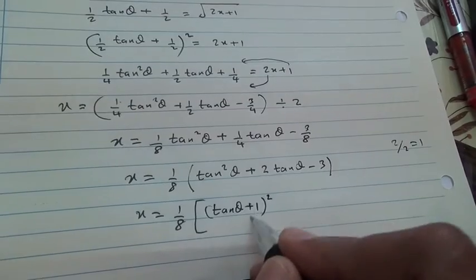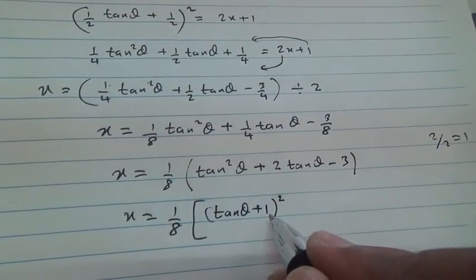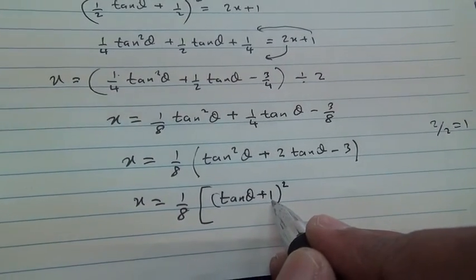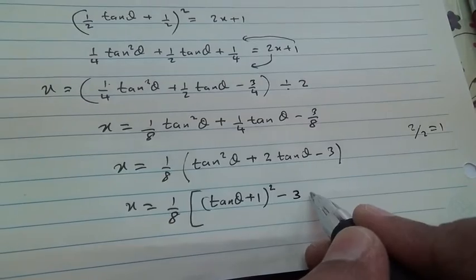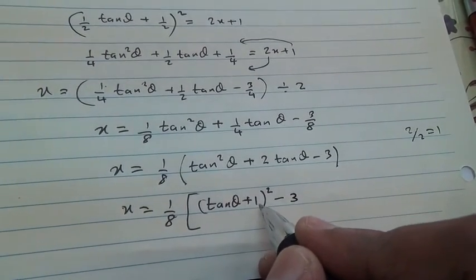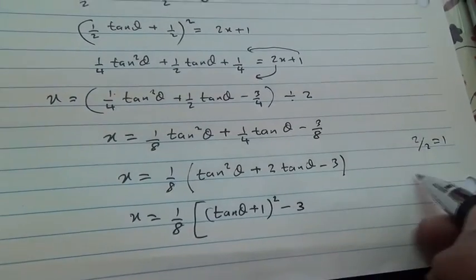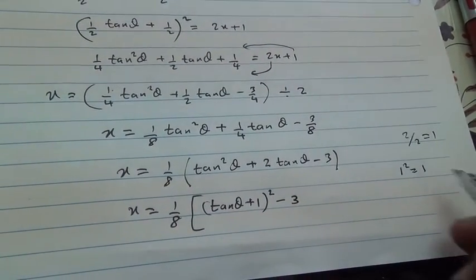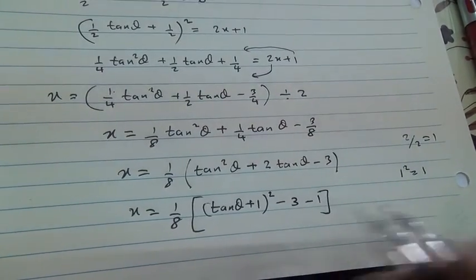If you re-expand this, that 1 here is going to appear in your expansion, so you're going to have to subtract it, so minus 3, then minus 1, plus 1 squared is 1, and since this was not there, you're going to have to minus it.